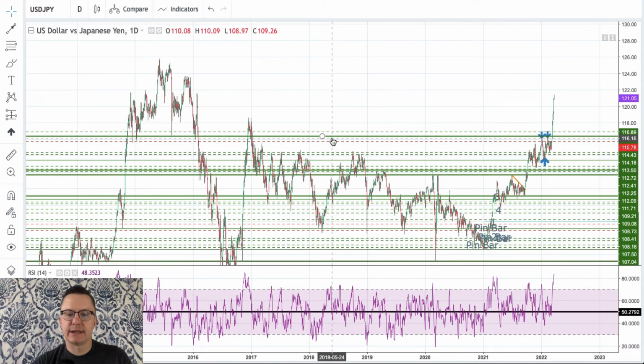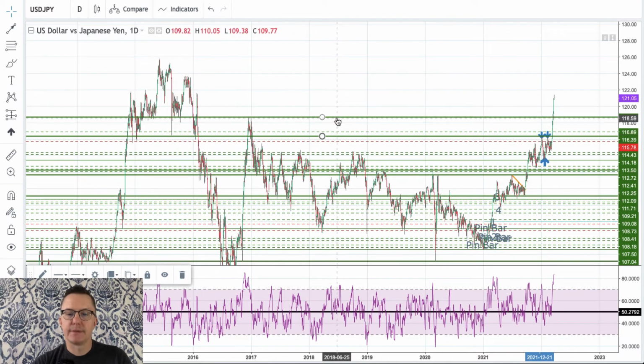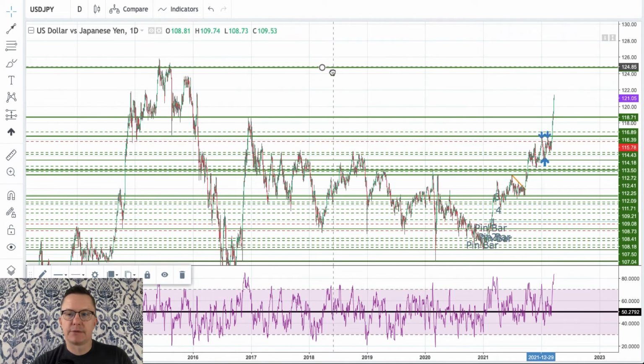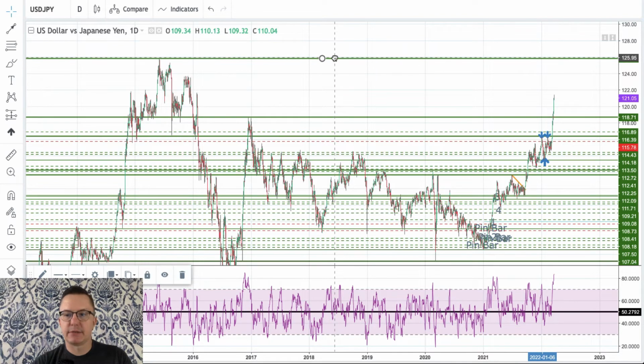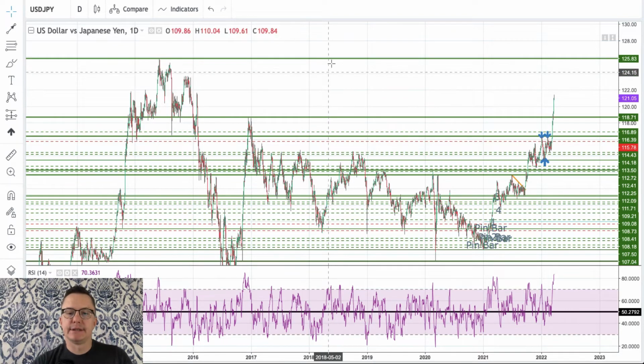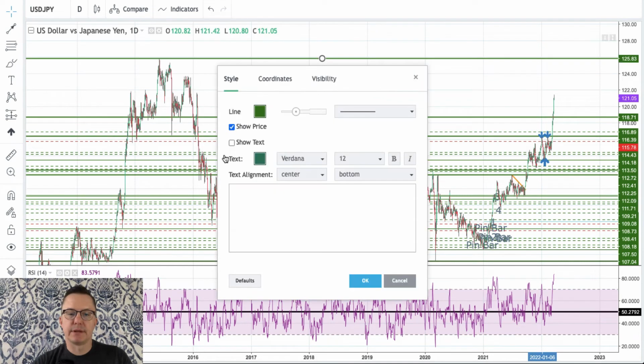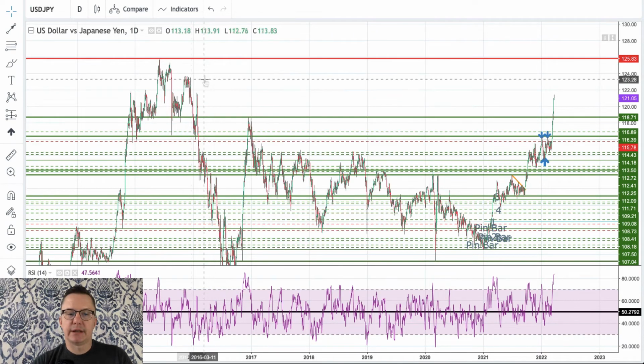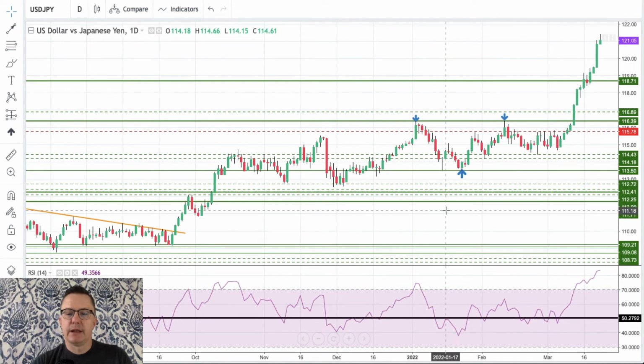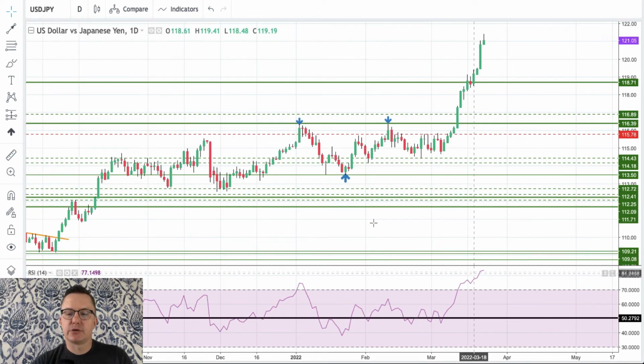Well, the next target for bulls is seen at the level of 126, I guess. Yes, somewhere around 126. This level might be hit very soon, because this is a key technical resistance from 2015. So please pay attention to this level. Any violation of this level is very bullish for this market. It's clear that the bulls are in control of US dollar to Japanese yen.